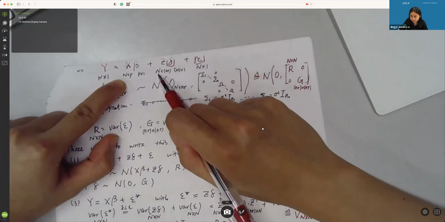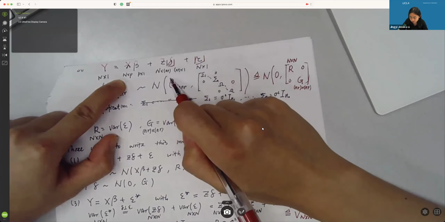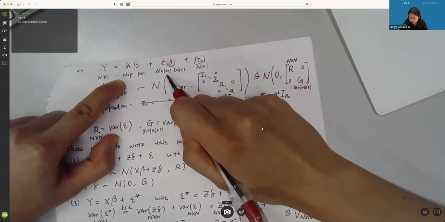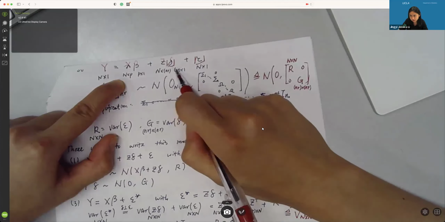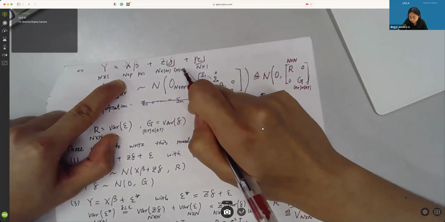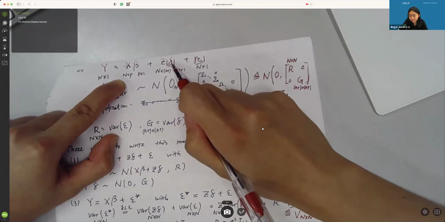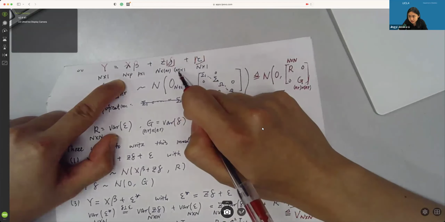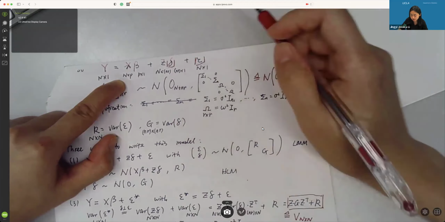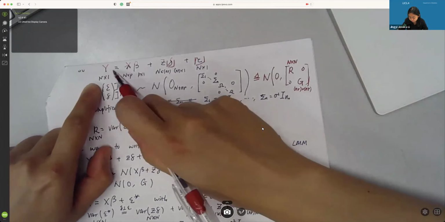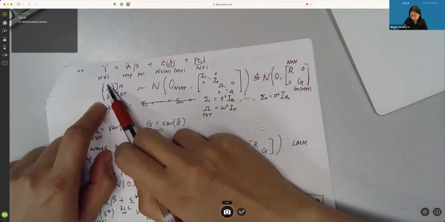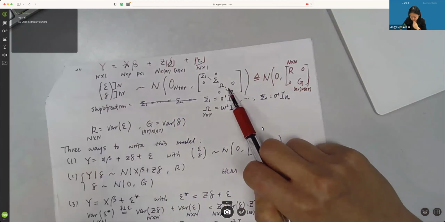Z is big N by small n times r, where r is the number of columns of the random design matrix and small n is the number of groups. Correspondingly, delta is nr by 1. There are r parameters for each group, and we have a total of small n groups, so that becomes nr. Using this joint notation, we will have this joint multivariate Gaussian distribution.